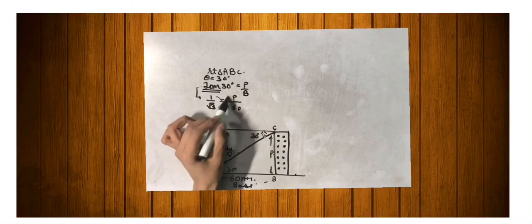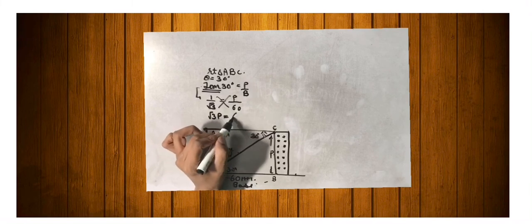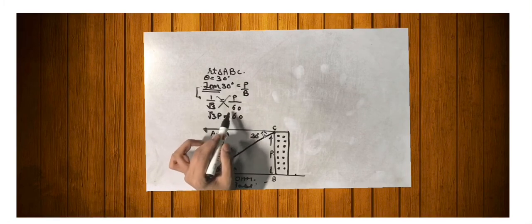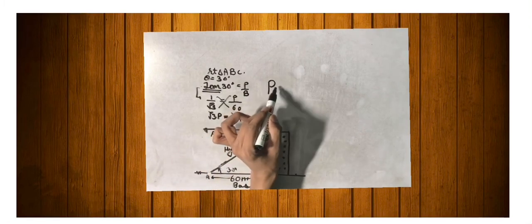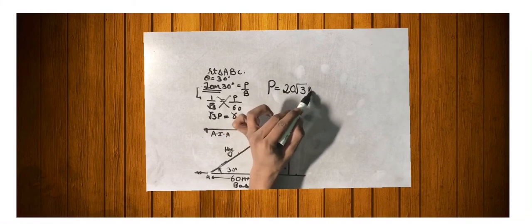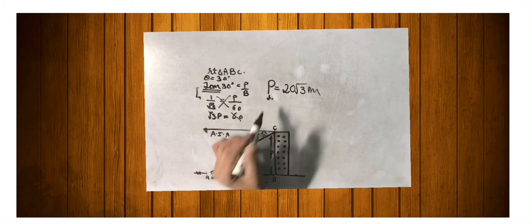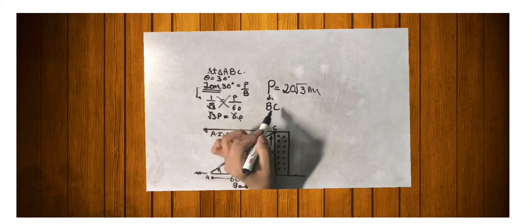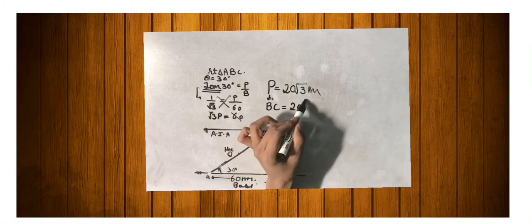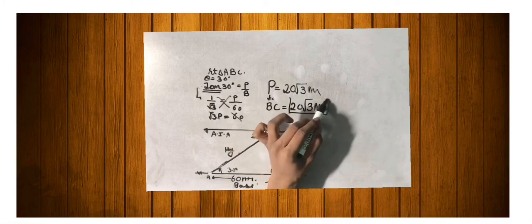So by cross multiplying we get root 3 P is equal to 60, and by cutting we get P is equal to 20 root 3 meters, and P is equal to BC. So BC, the height of the tower, is equal to 20 root 3 meters, and this is our answer.